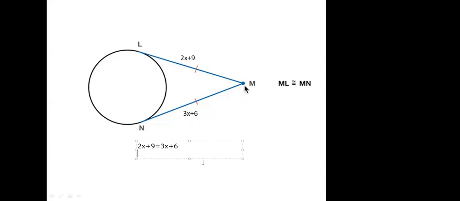So now we're solving the equation in order to find x. We can subtract 2x from both sides in order to have just x on one side and just numbers on the other. So I'll write it down like this.